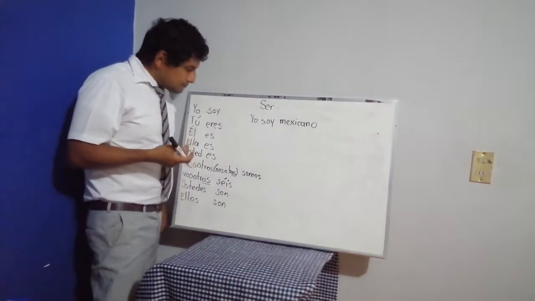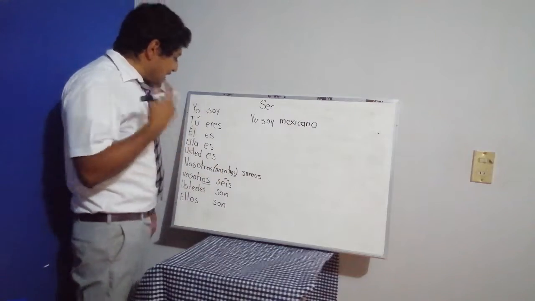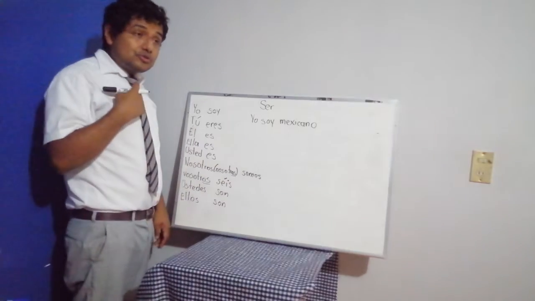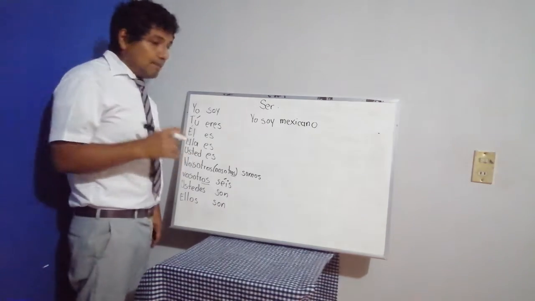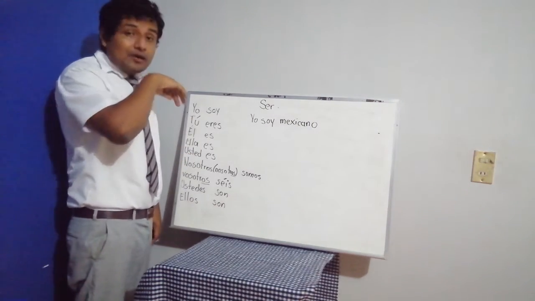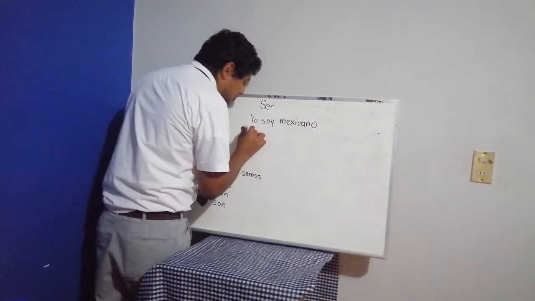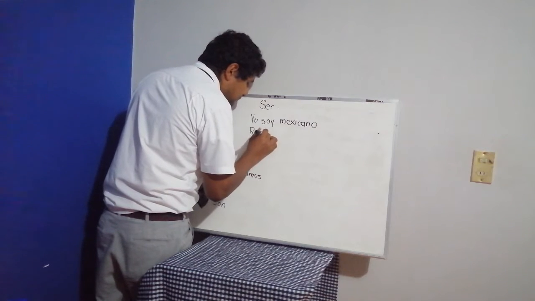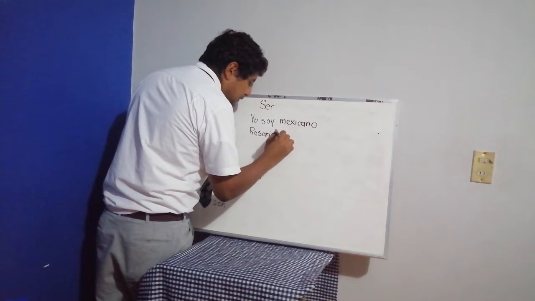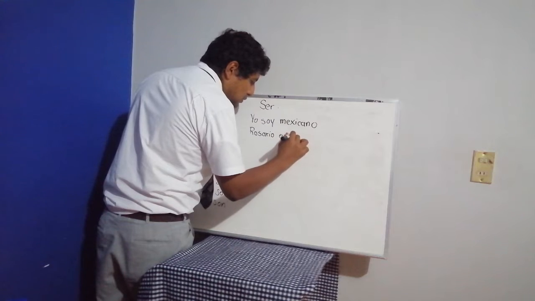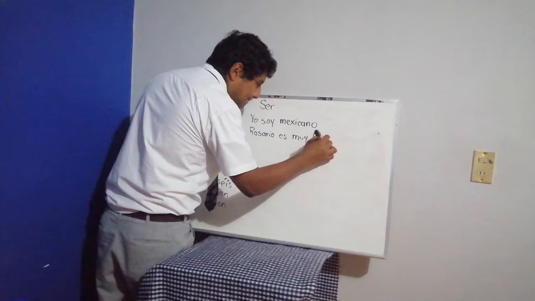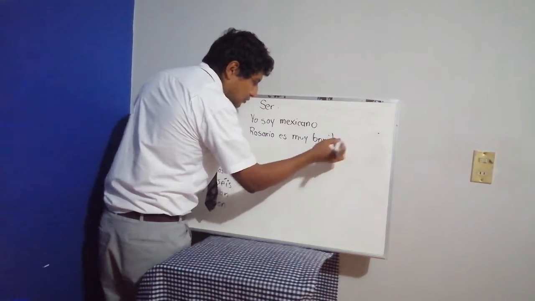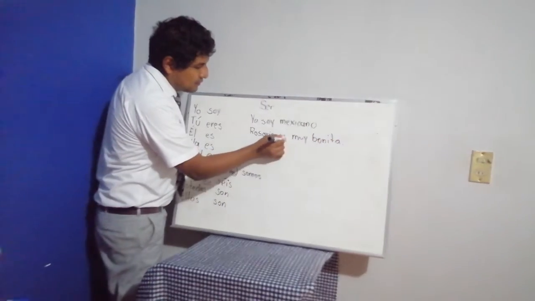Okay, so now we are going to use another example. We are going to use a name. Rosario es muy bonita. Okay, es.